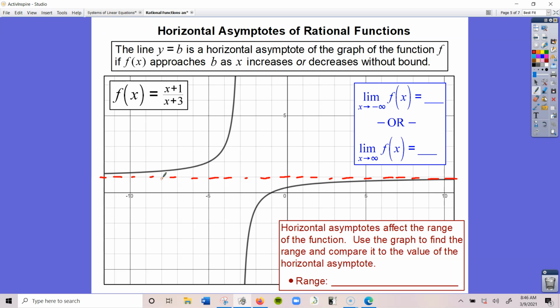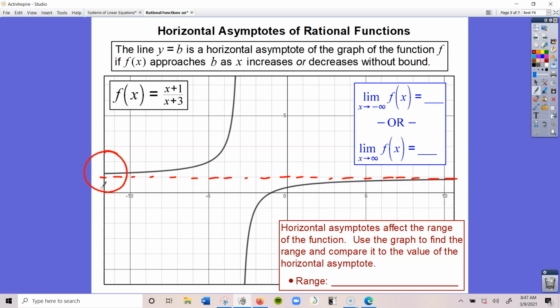So here we have this horizontal asymptote, which affects the range of your function and also your end behavior, which is what these limits are, which is something that we should be more familiar with since we did this earlier in the year. Now what this says is the limit as x is approaching negative infinity, so I'm looking at the left side of my graph, my function, those y values, are leveling out at that horizontal asymptote.